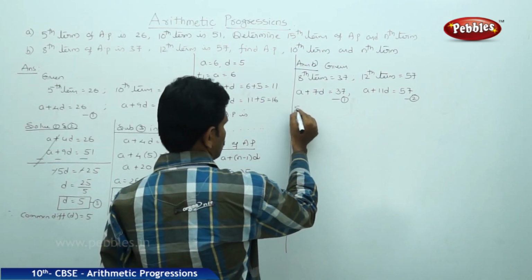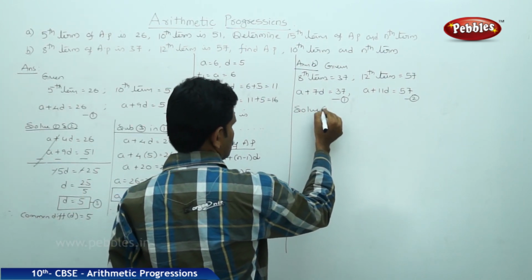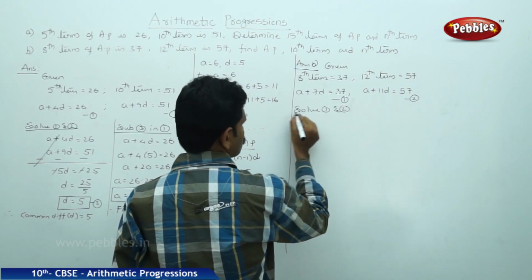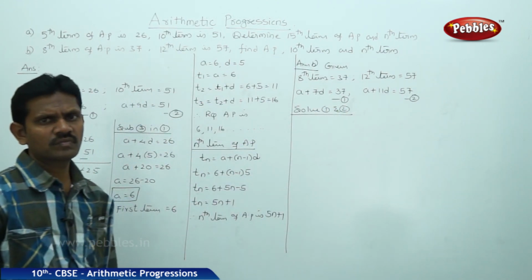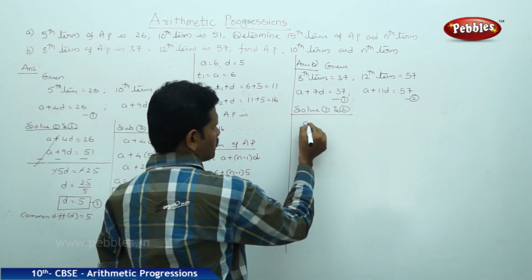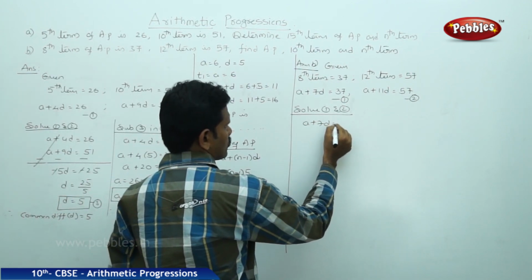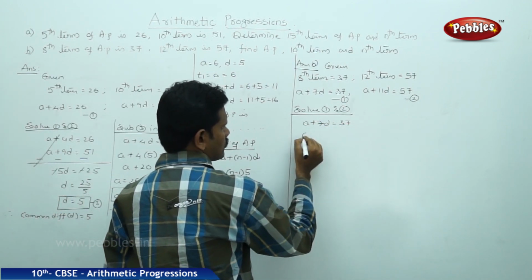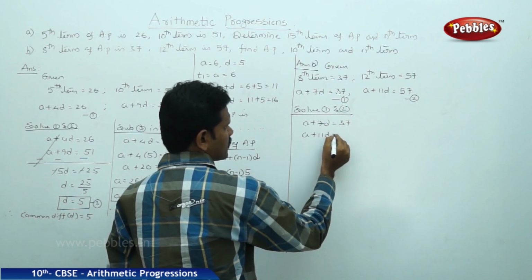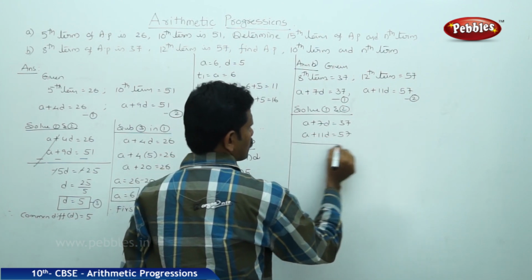Now solve equation 1 and equation 2. That is a plus 7d is equal to 37, a plus 11d equal to 57.